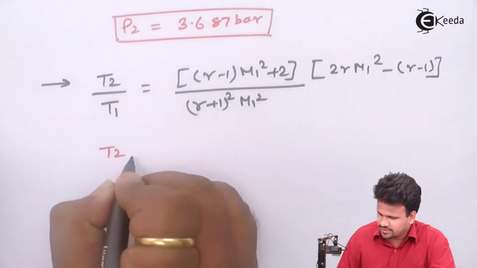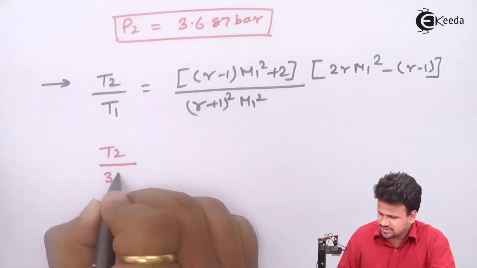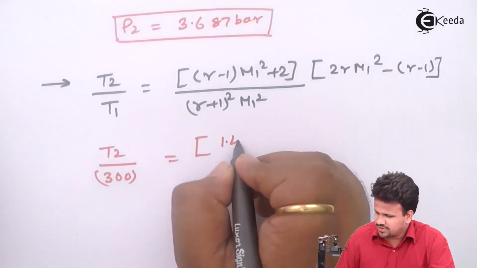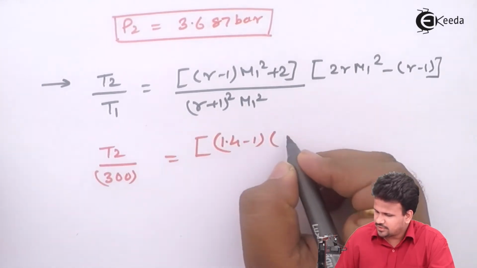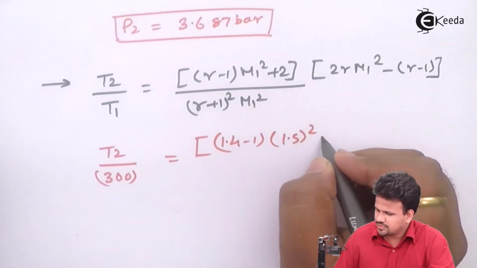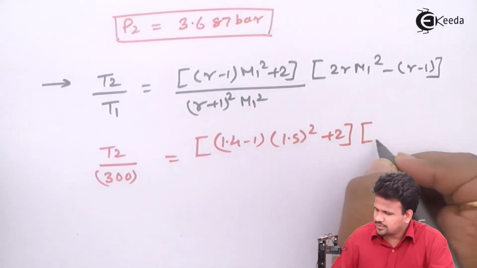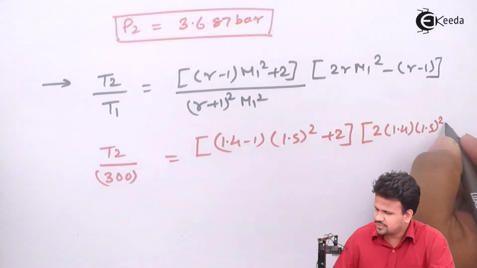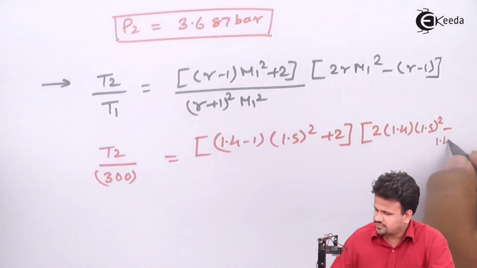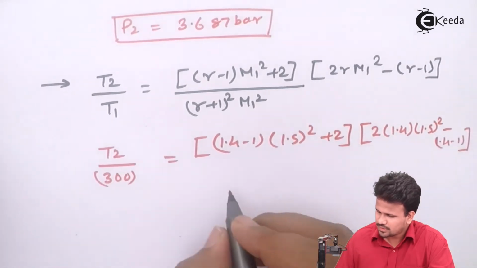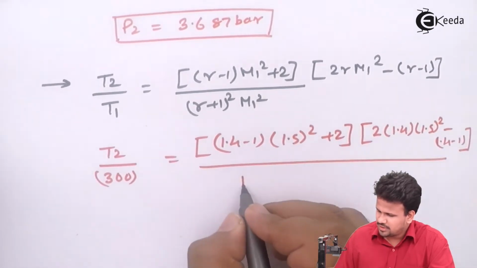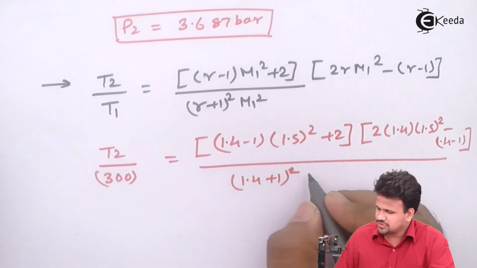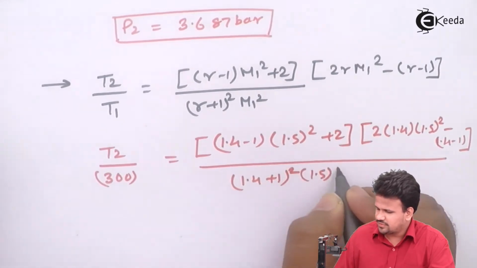So we get T2 upon T1, where T1 is 300 Kelvin, equals (1.4 minus 1) into 1.5 the whole square plus 2, into (2 into 1.4 into 1.5 square minus (1.4 minus 1)), the whole upon (1.4 plus 1) the whole square into 1.5 the whole square.